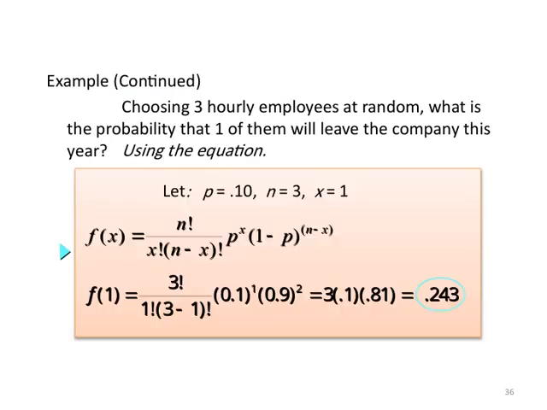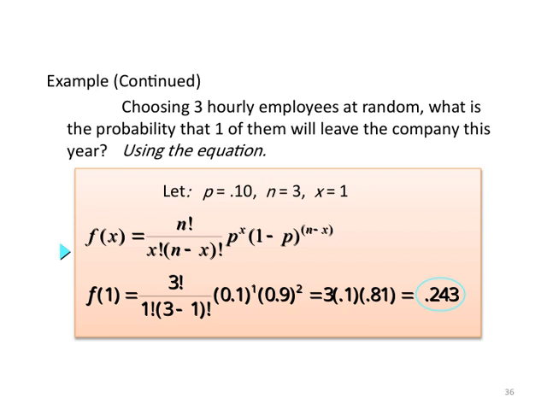All right, so in this example, we're looking at selecting 3 hourly employees at random. The big question is, what's the probability that exactly one of them will leave the company this year? To figure this out, we'll use a specific equation from earlier in the presentation. Let's define our key variables. First, p equals 0.10, which means each employee has a 10% chance of leaving within the year.